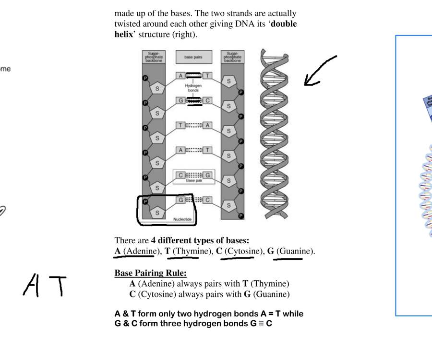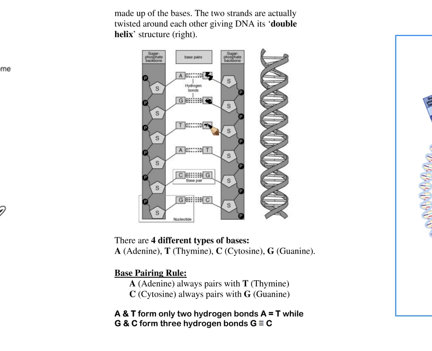One common question they might ask in an exam is that they might not give you the letters on one side. They might give you the bases on this side and ask you what the sequence would be here.